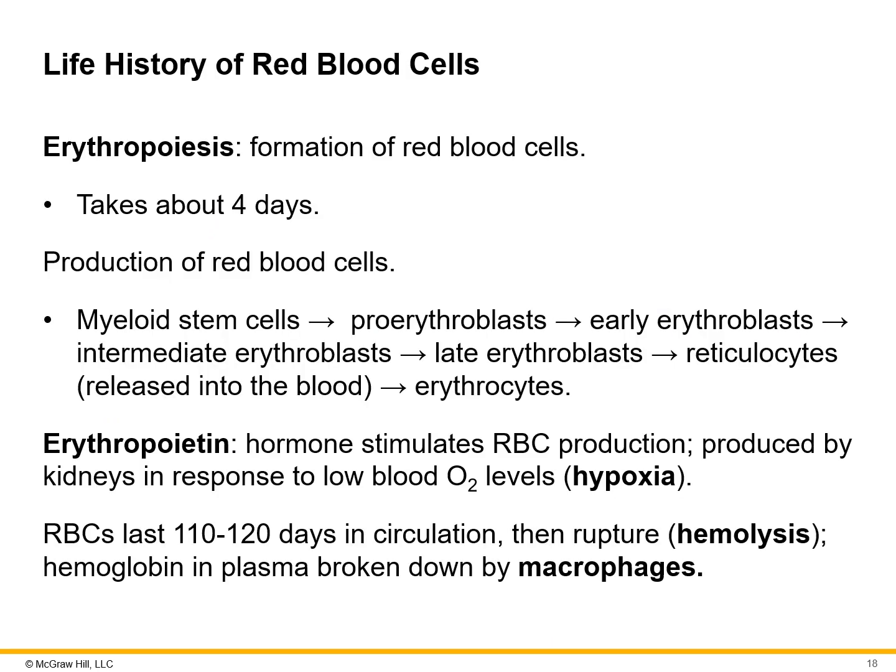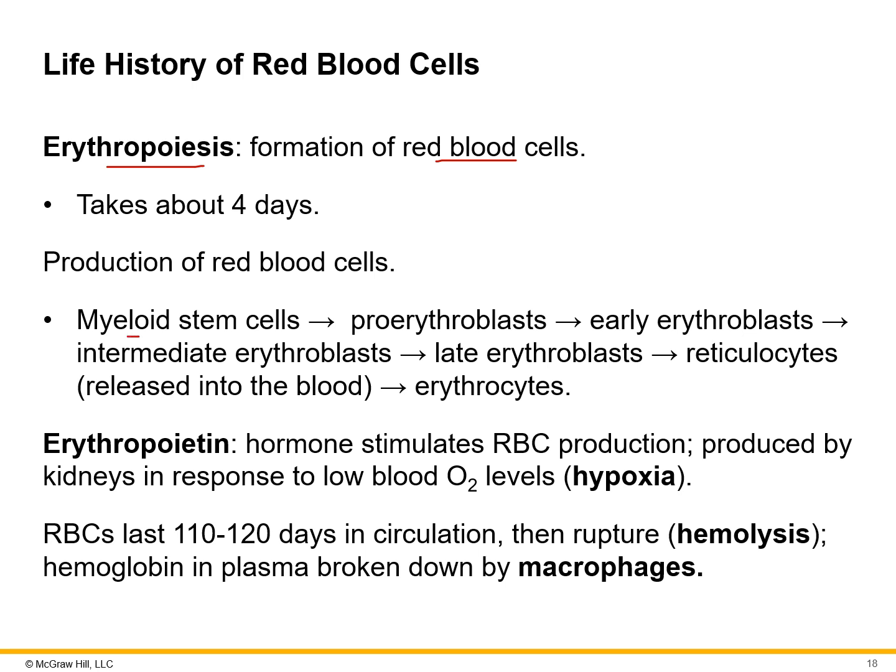So a little life history here, day in the life of a red blood cell. So we have erythropoiesis. This is the formation of those red blood cells. It takes about 4 days overall. And if we kind of go back, again, we have those hemocytoblasts that can become any of the blood cells.